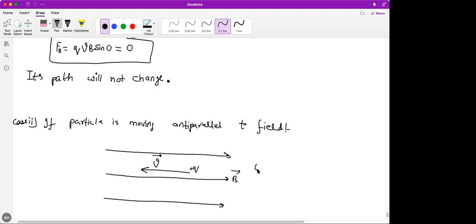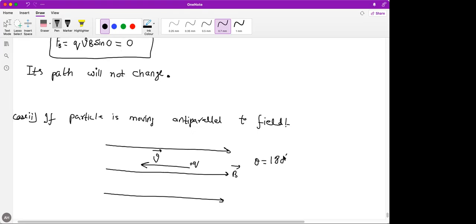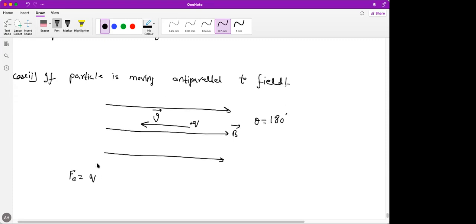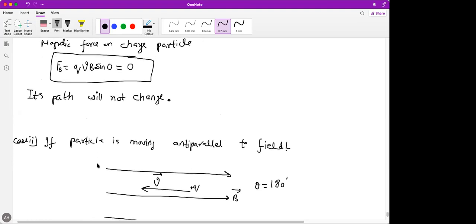And what is the angle between V and B now? 180 degree. Perfect. Now tell me, how do you calculate the magnetic force on the charged particle? QVB sine theta.